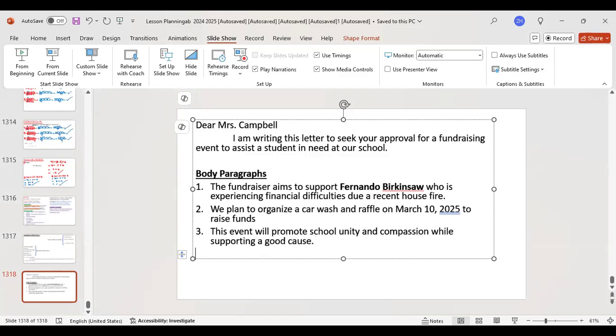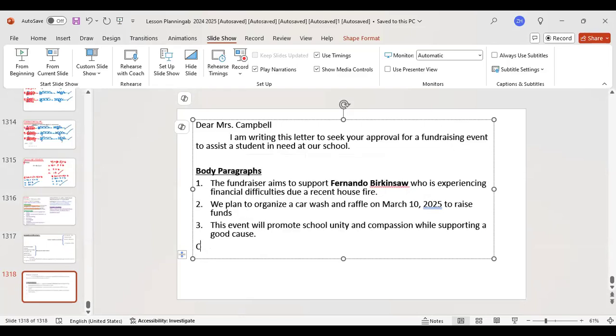And then you want to end with your closing paragraph. So in your closing paragraph, that's the conclusion, you want to express what? Maybe you want to tell her thank you, express gratitude. And you want to tell her that you want a response, hopefully, to request a response.